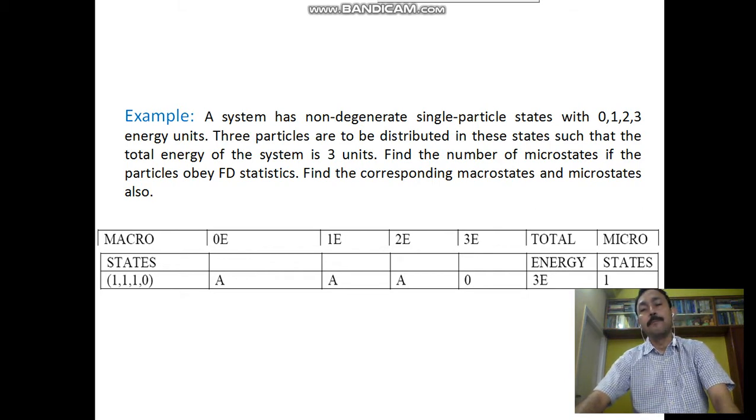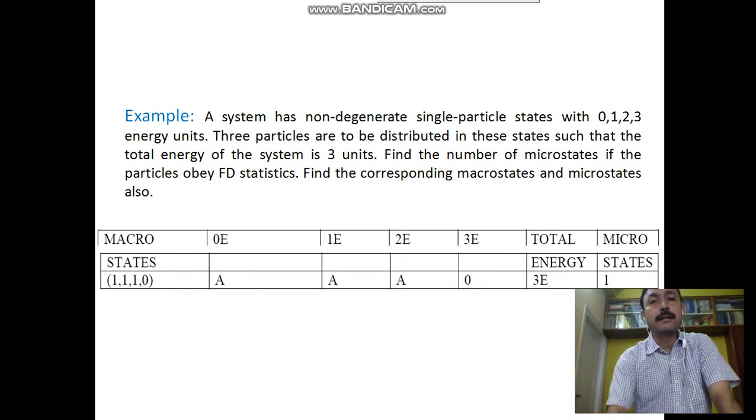Find the number of microstates if the particles obey Fermi-Dirac statistics. Find the corresponding macrostates and microstates also.